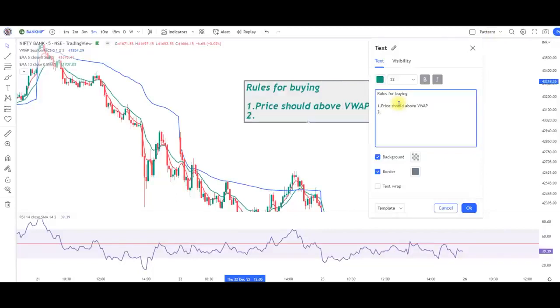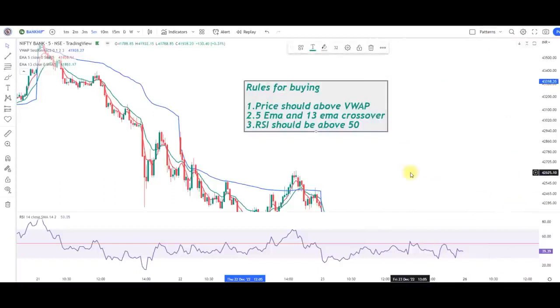Second rule is 5 and 13 EMA should give the crossover. Third rule, RSI should be above 50. So these are the 3 rules for buying.